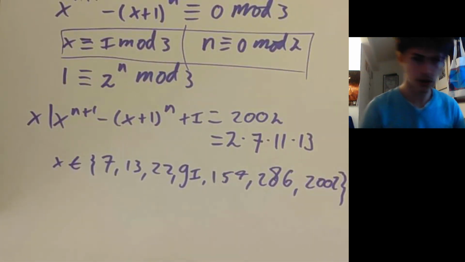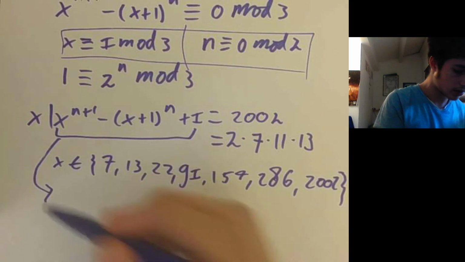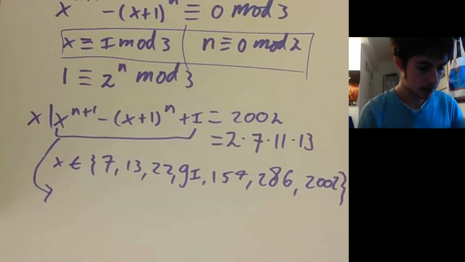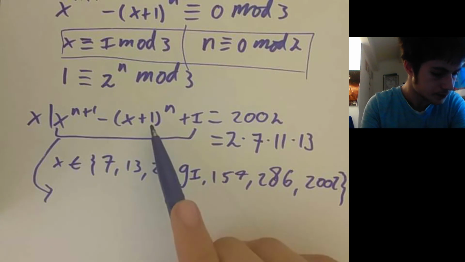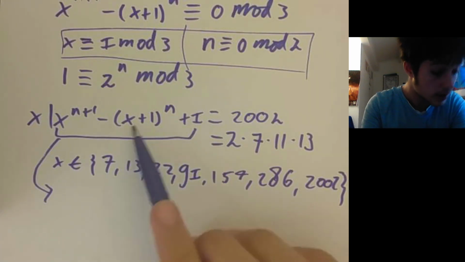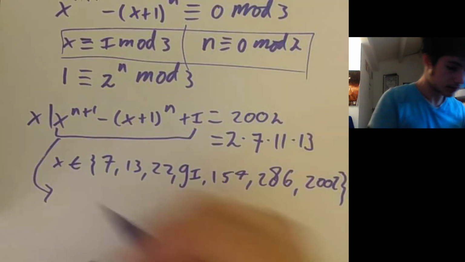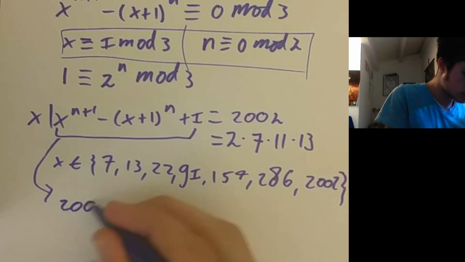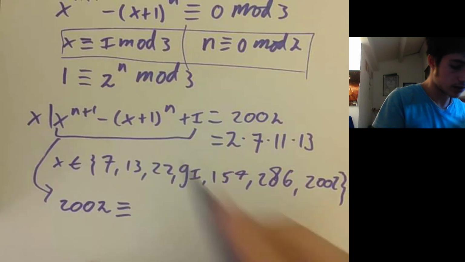Well, there's another thing we can say about this. Notice what happens if we look at it modulo x plus 1, and this thing will disappear, so we still have 2002 congruent to this, while this thing disappears.